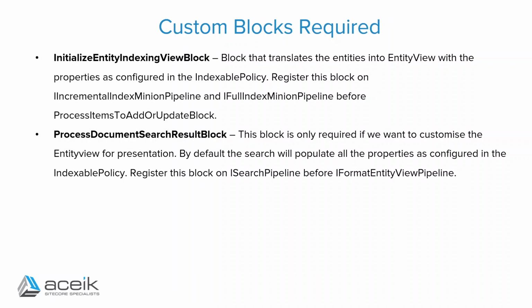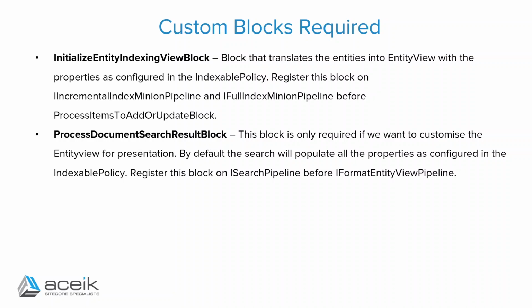You only need one of those blocks, the initialize entity indexing view block. That block converts all the entities in your list into a view with all the properties that you need to be populated in the index. The next one is the process document search result block.